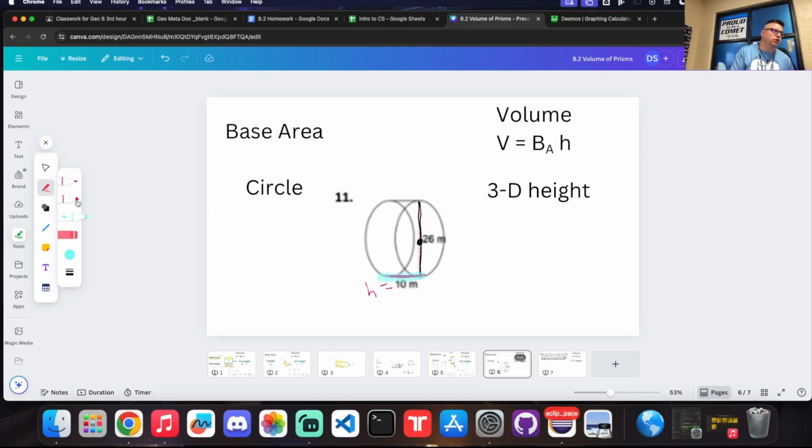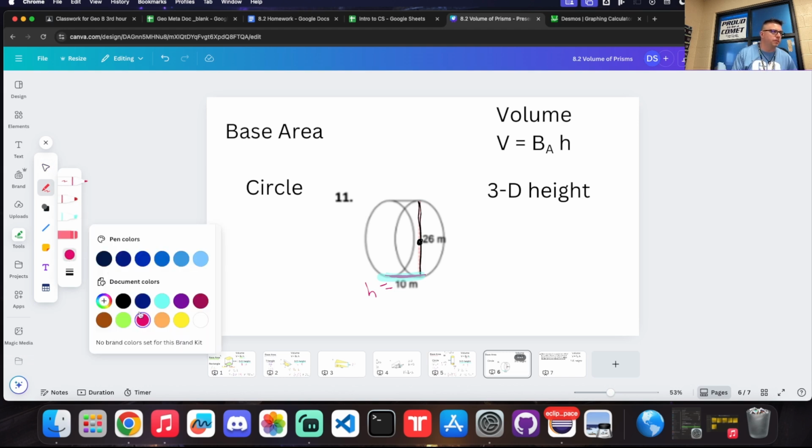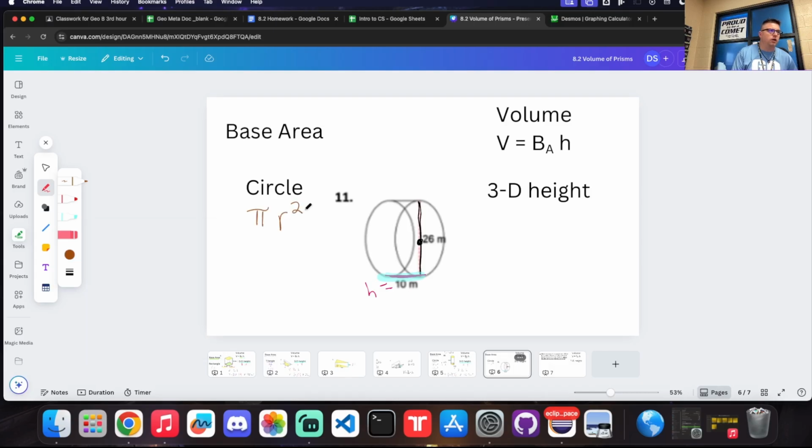And that's what the issue is for this problem. So we're still going to do pi r squared. We're going to put our radius in here. Remember, our radius is from the center just out to the side. So that's just going to be 13, which is 169 pi.